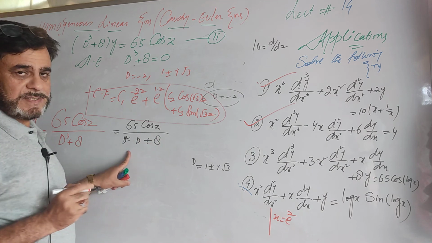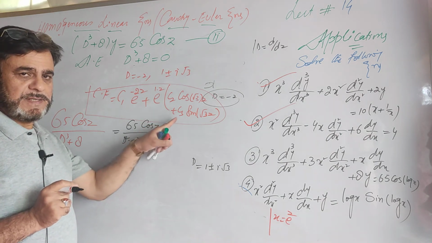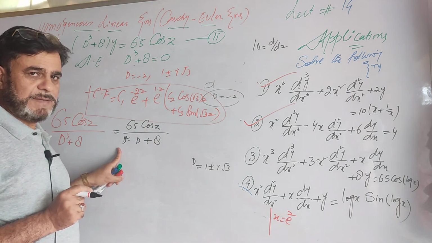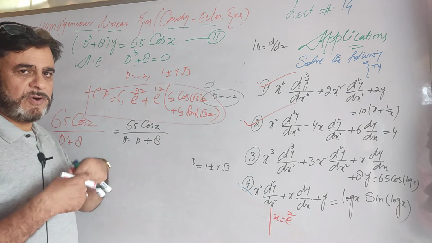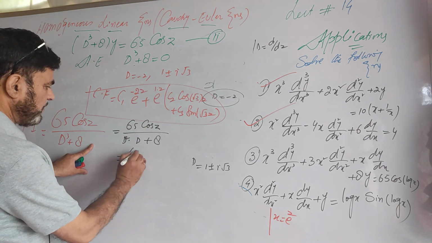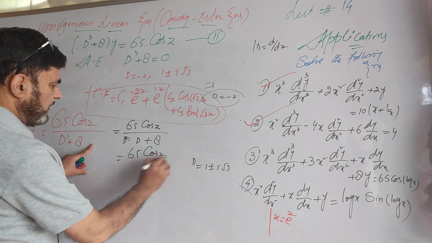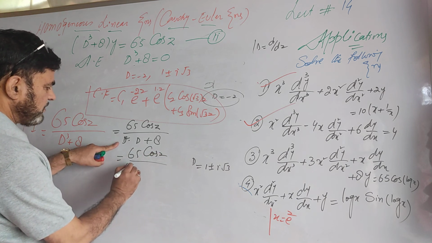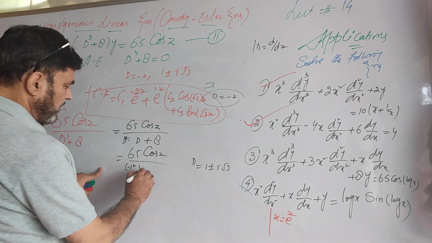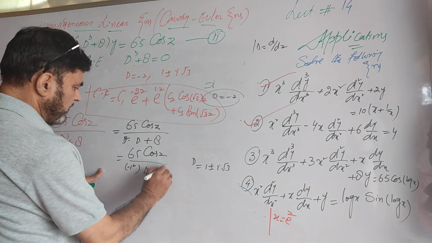Why D square? Because when the right side is cos or sin, we replace D square by minus a square. When it is cos ax or sin ax, what is your a? It is 1. So this is 65 cos z by minus 1 square, the coefficient of z in the angle, D plus 8.